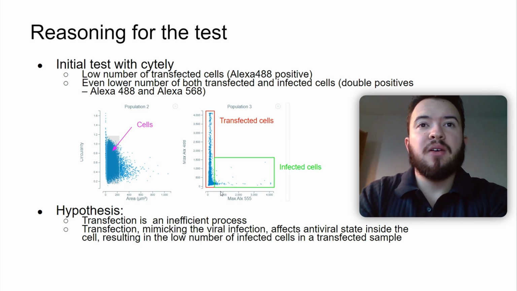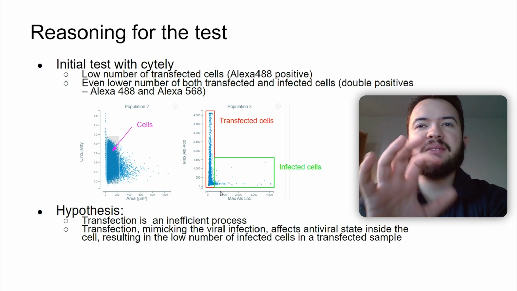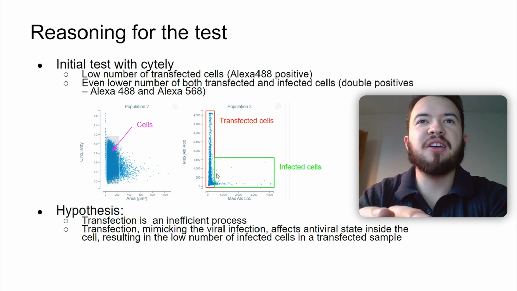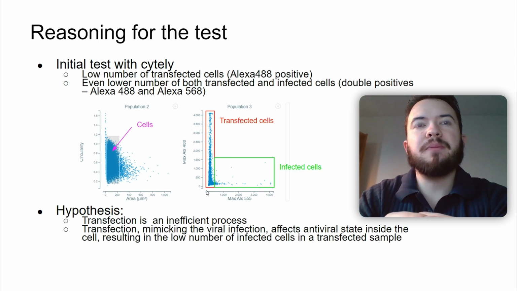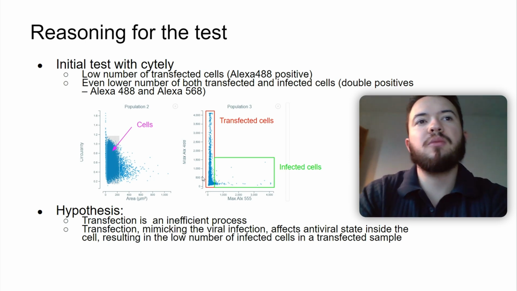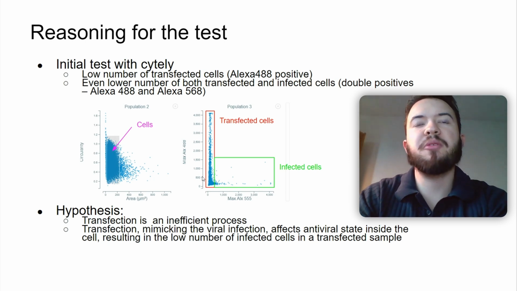If we had cells that were both transfected and infected, we would see a straight line going perpendicular, but we don't see this. We basically see a clustering of cells in specific groups: groups that are just transfected and groups that are just infected. We didn't see both. And this was the main changing moment for us, especially since we were able to see it directly with Cytely.